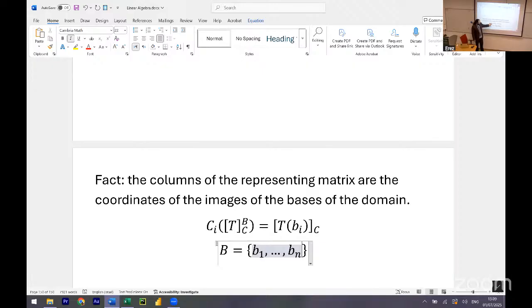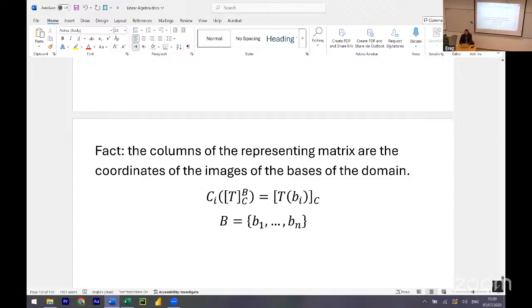If you want to find a column of this matrix, you apply the function to a vector in the base of the domain, and you take its coordinates by the base of the range of the image. Okay? And I'll show you an example as to how it looks.